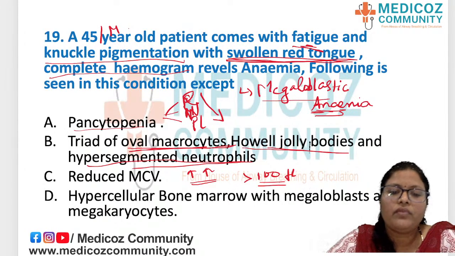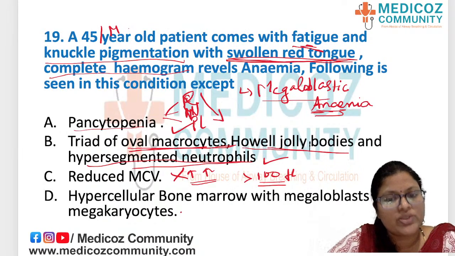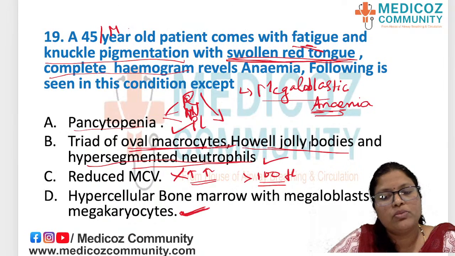Then hypercellular bone marrow with megaloblasts and megakaryocytes. So this statement is true, reduced MCV is a false statement, and hypercellular bone marrow with megaloblasts and megakaryocytes is also a true statement. So when they do bone marrow aspiration, they see a hypercellular marrow.